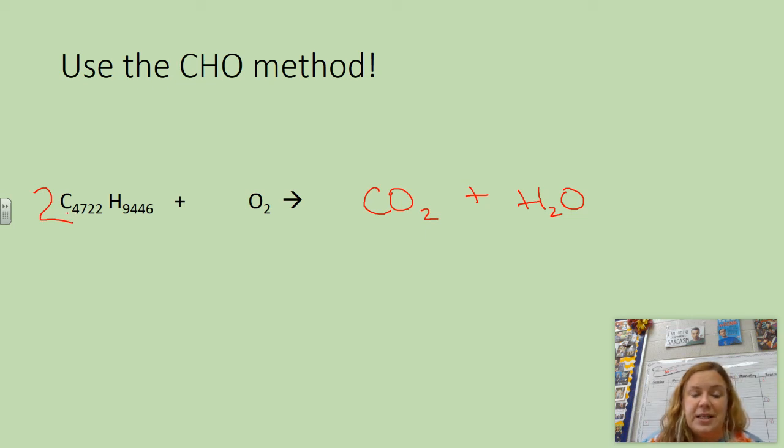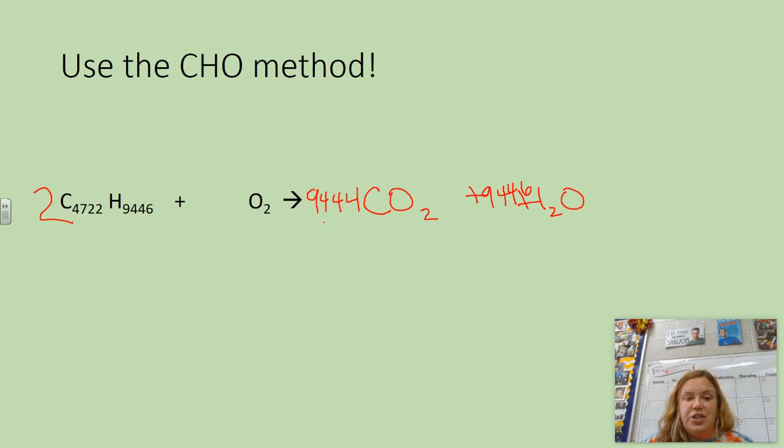Now, this seems a little crazy, but I got to take 2 times 4,722, and I'm going to get 9,444. Yes, this is crazy, but there are actually molecules this big, just for an FYI. Then I have 2 times 9,446, so that's what's going to go in front of my hydrogen here, because I have 2 times there.